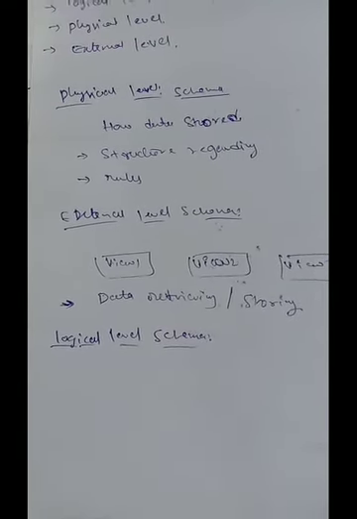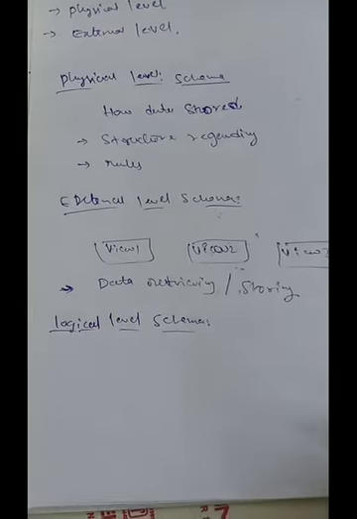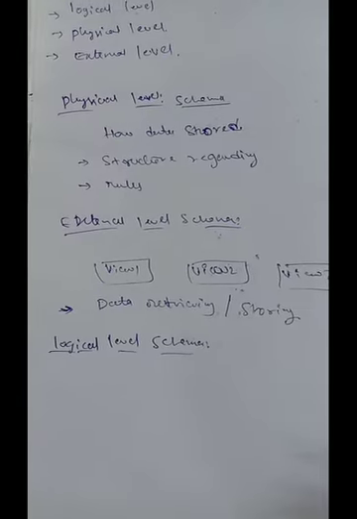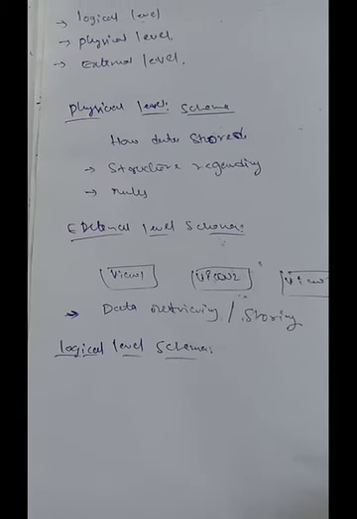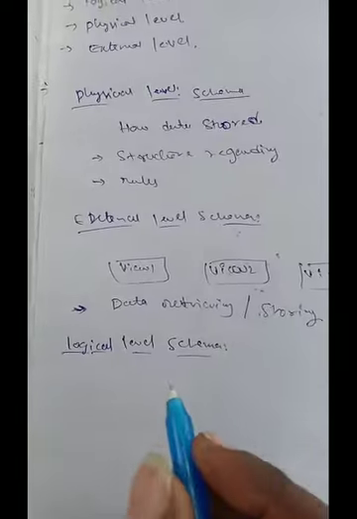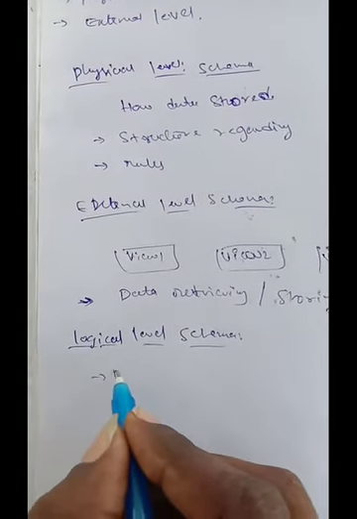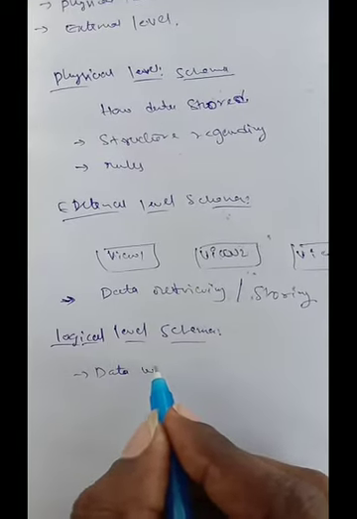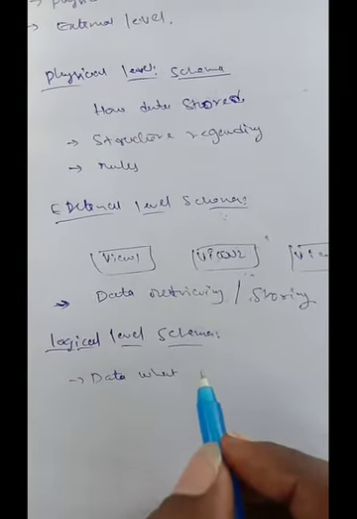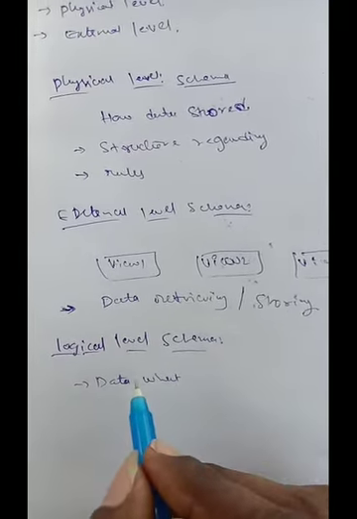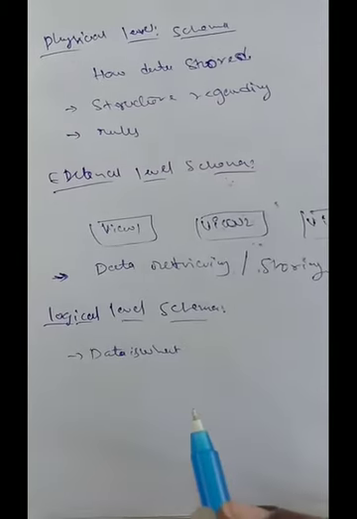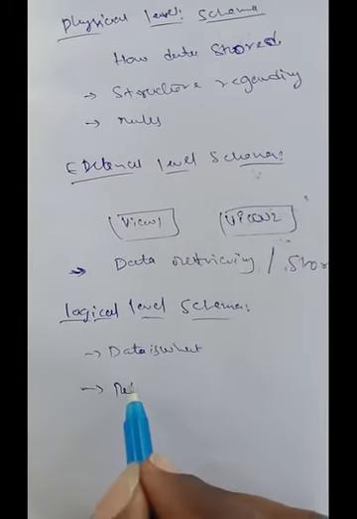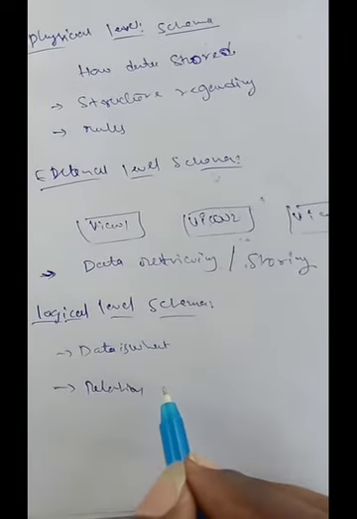It represents whatever data comes from the physical level or database to the user, and makes sure what data is going to be accessed, and the relations on the data.